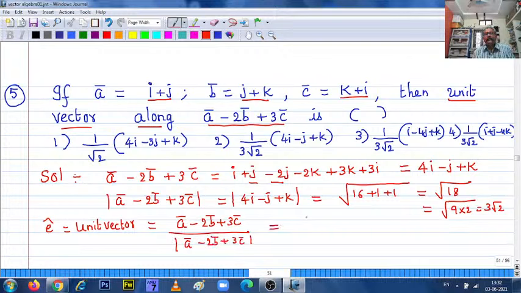So this is equal to 1 by 3 root 2 times 4i minus j plus k. That means second option is the right option.